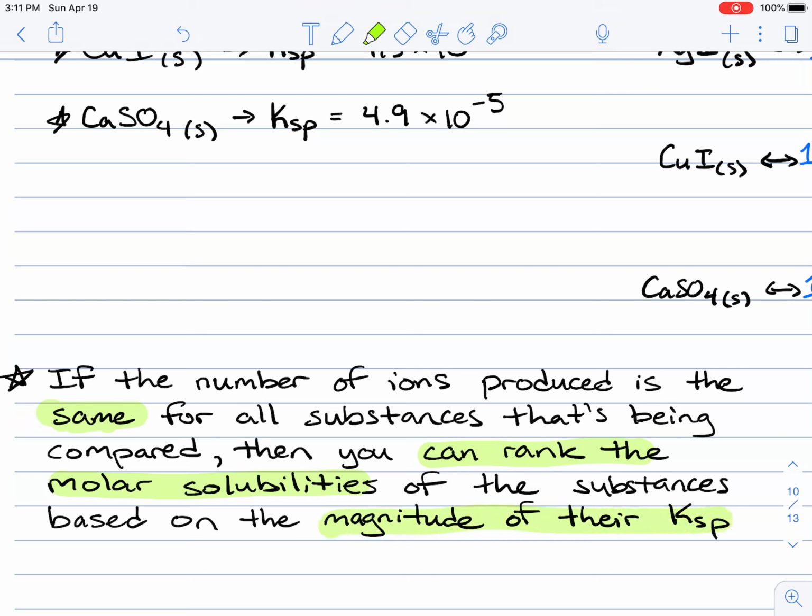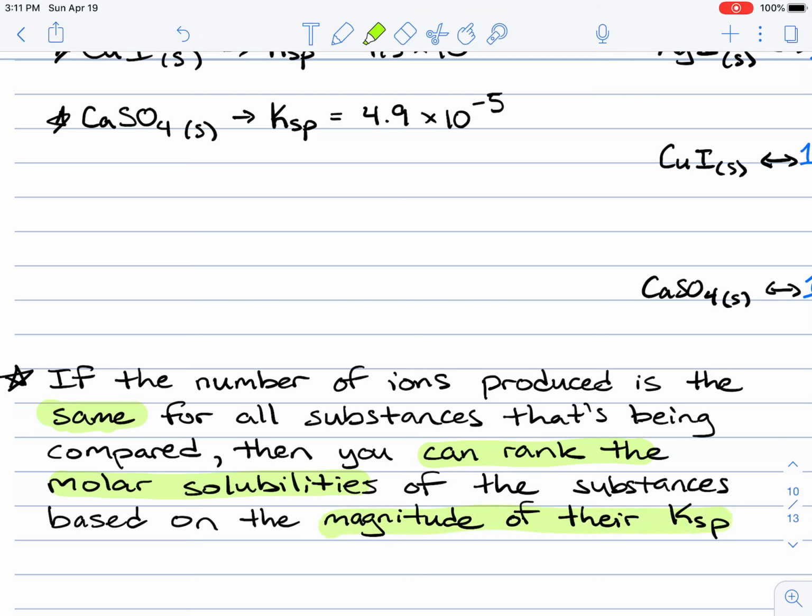But for now, because the number of ions produced is the same, I'm going to apply this rule, and I'm going to predict that calcium sulfate, since its magnitude is closer to 0, times 10 to the negative 5, which is higher than times 10 to the negative 17, is the most soluble of these slightly soluble, mostly insoluble substances.